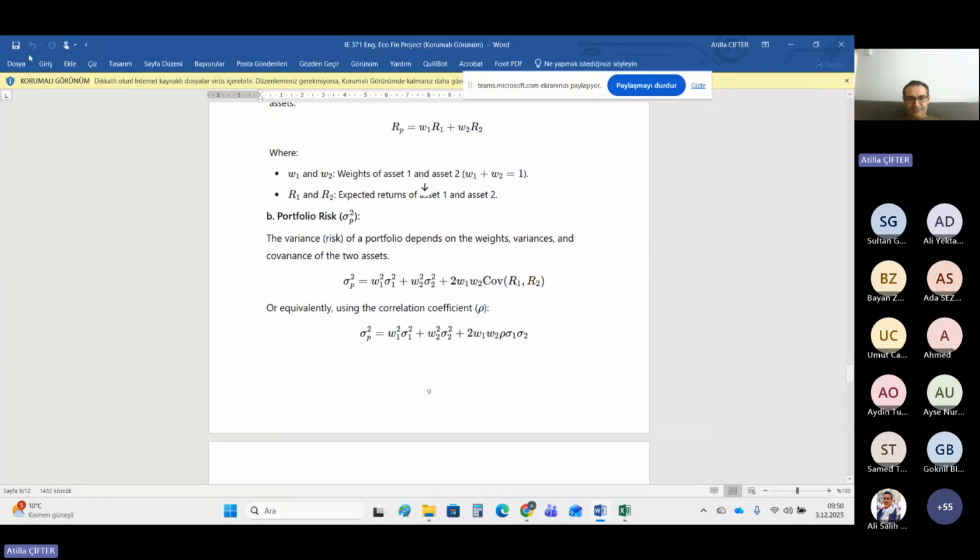Then we took the variance of a portfolio, which is the risk of the portfolio. It depends on these weights, the variances, and the covariance of the two assets.